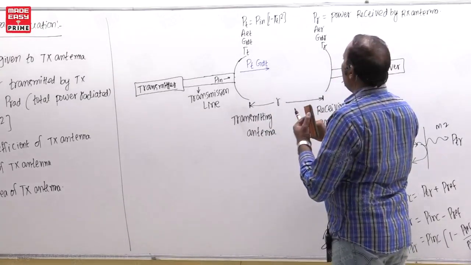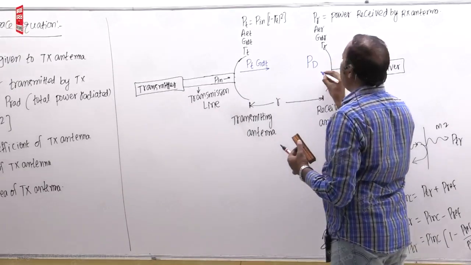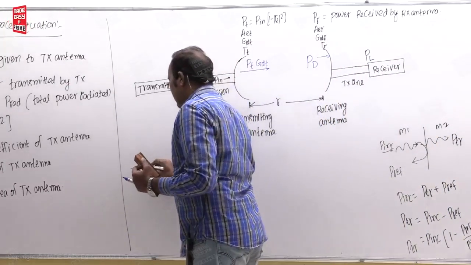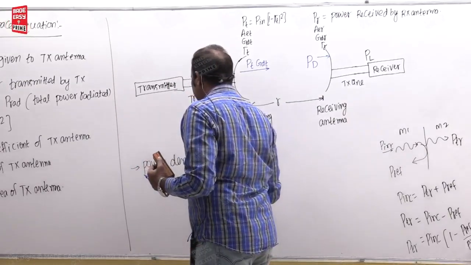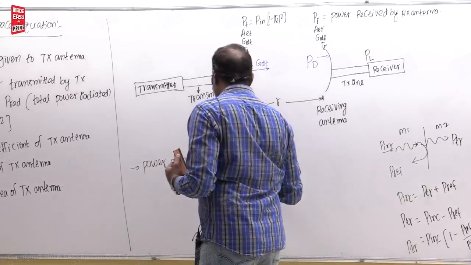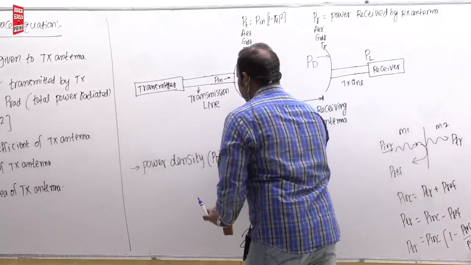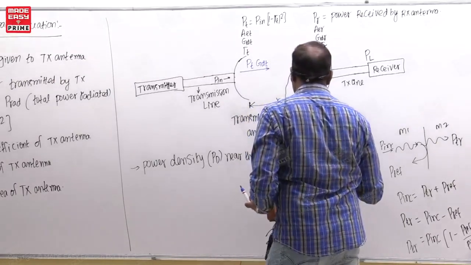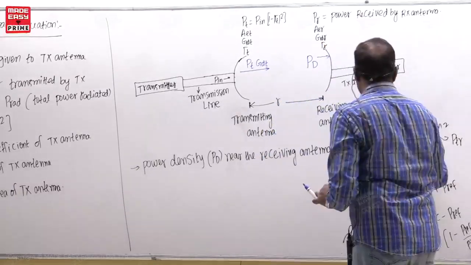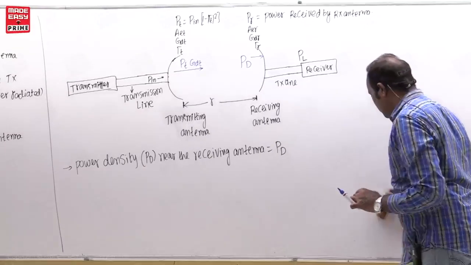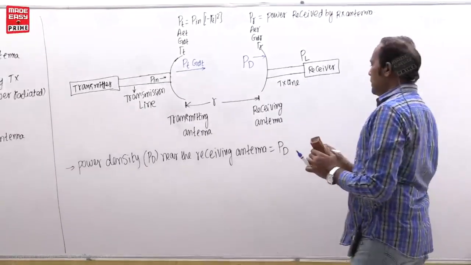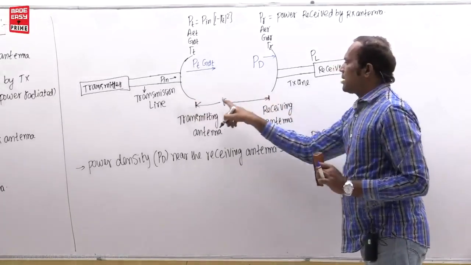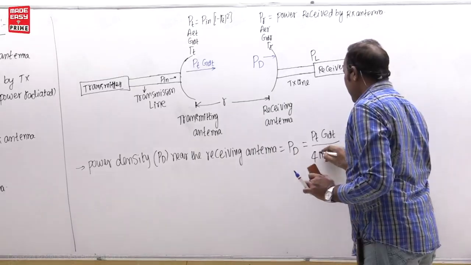Now near the receiving antenna, what is the power density? The power density PD near the receiving antenna is equal to the total power it is sending, PT GDT, divided by 4 pi r square, because the distance is r and it spreads spherically.